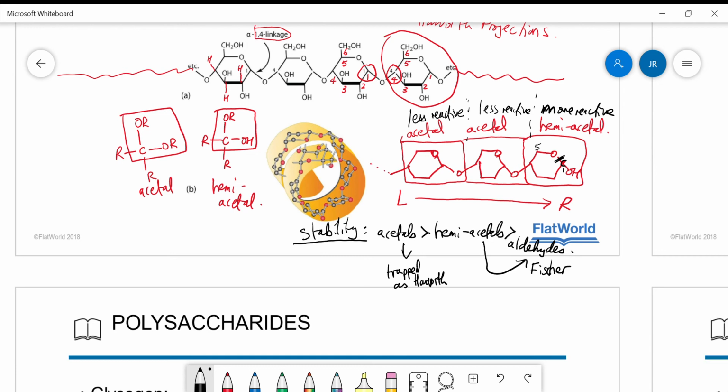So if we were going to test for the presence of a reducing sugar here, the only sugar in this example of the polysaccharide that would react is the terminal carbon here. So this is the essence of the difference between the goodness in a polysaccharide versus the supposed badness in a monosaccharide.